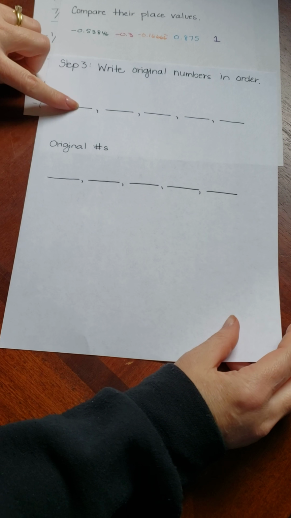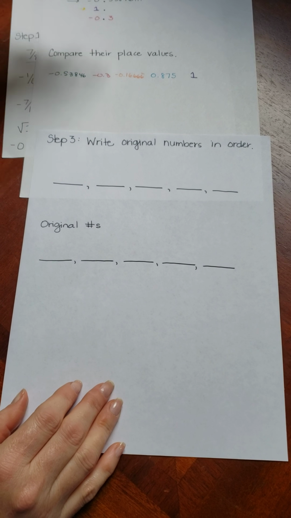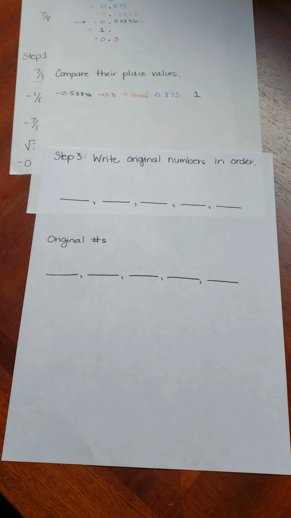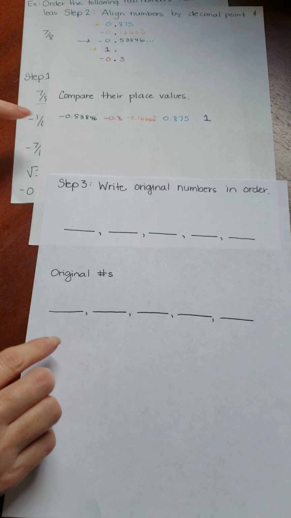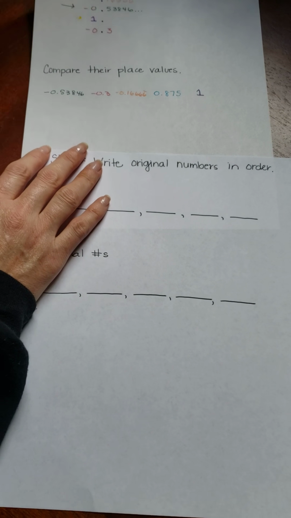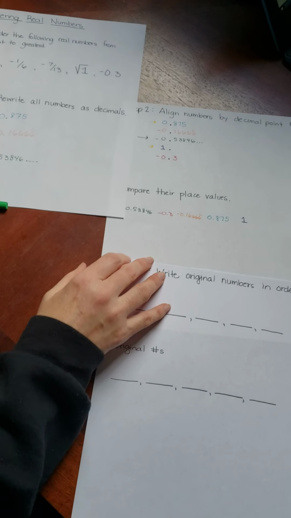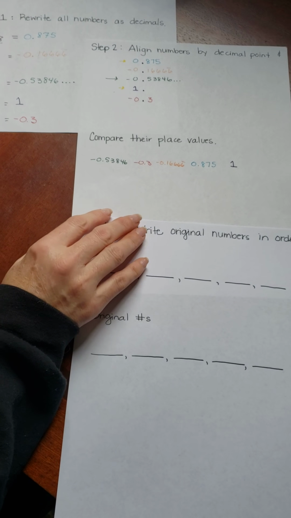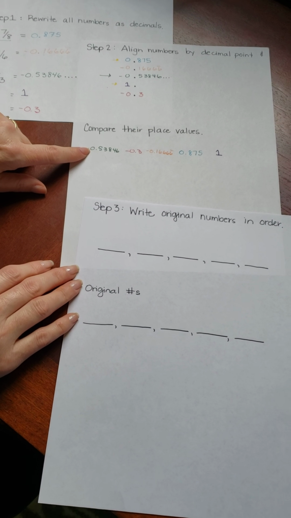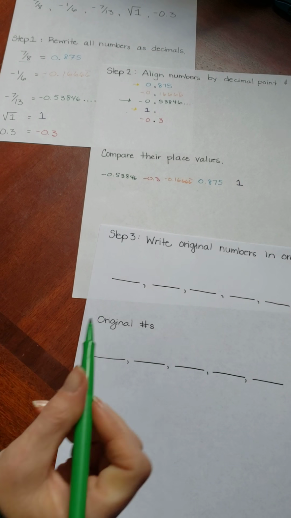All right, so now that we have those compared, you can see I already have those numbers here. You can write those originals in order there if you'd like. And then what we're going to do is take these and line them up with their original values from step 1. So with our green, negative 0.5386, that corresponds to negative 7/13.